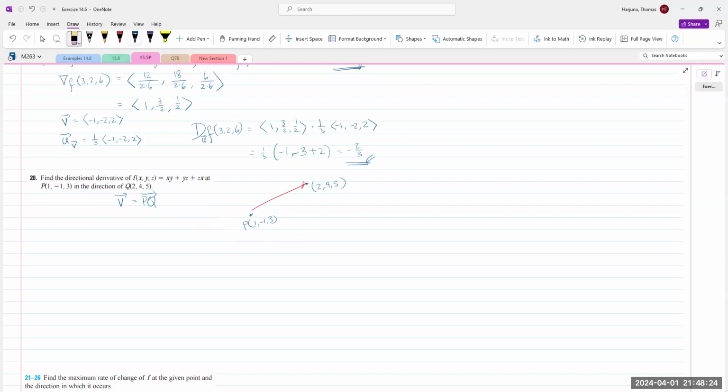Now our vector v, therefore, is (1, 5, 2), right? Now our unit vector in the direction of v will be, the length is square root of 30, so 1 over square root of 30 times the vector (1, 5, 2).